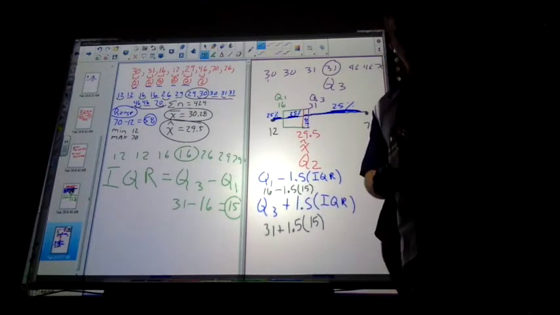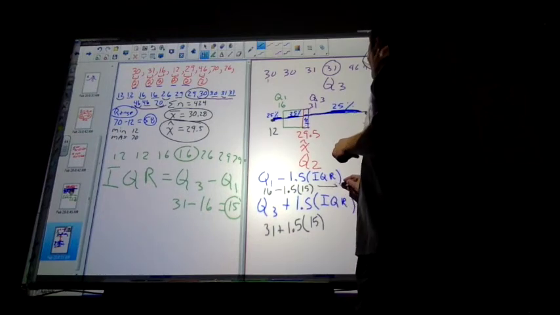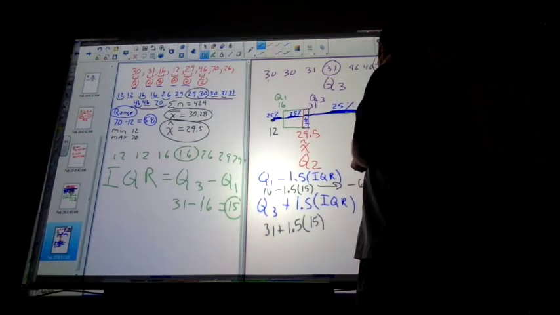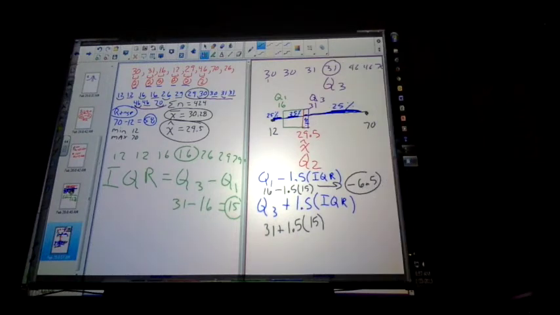And somebody do the other one too. Negative 6.5. Okay. Can we go the other way too, please? 53.5.